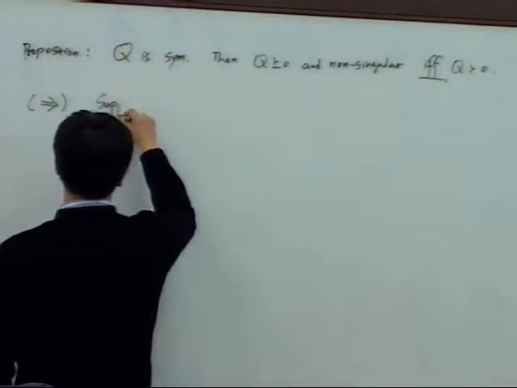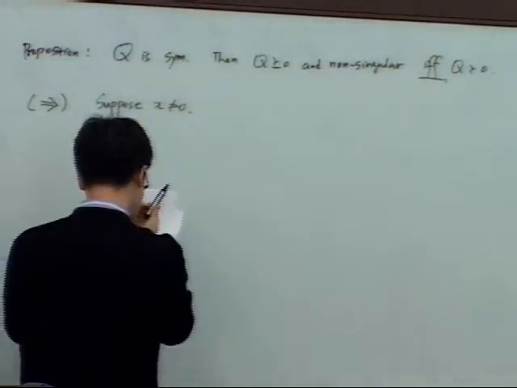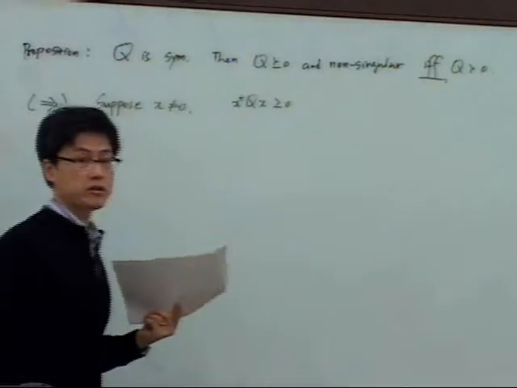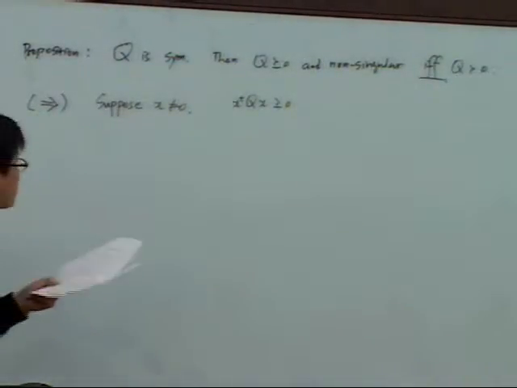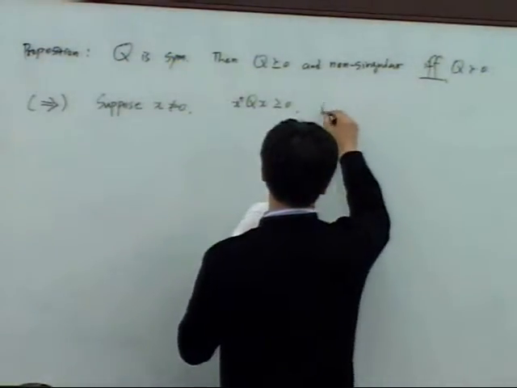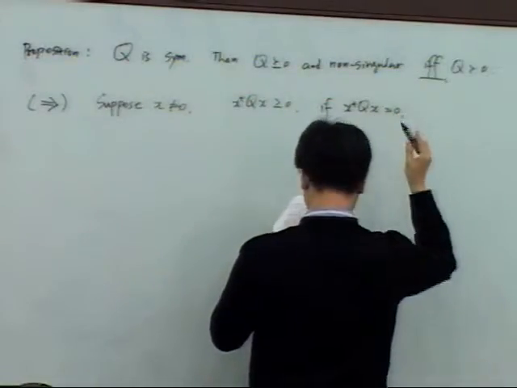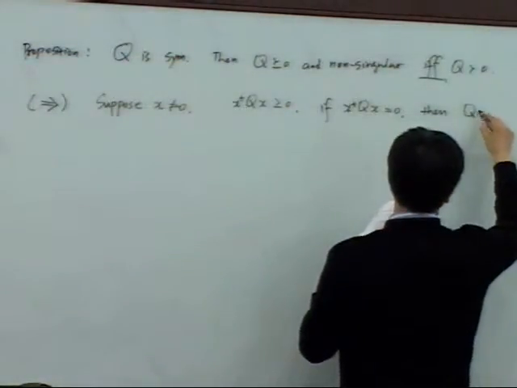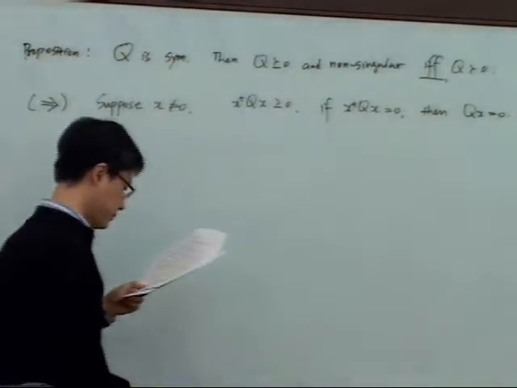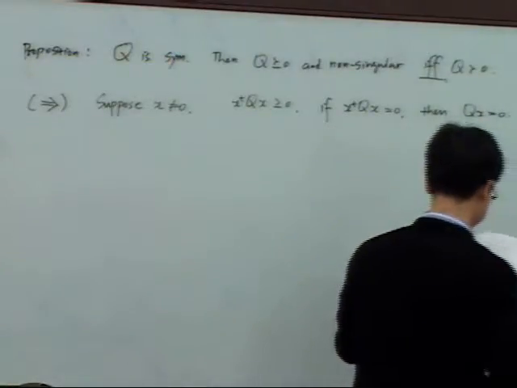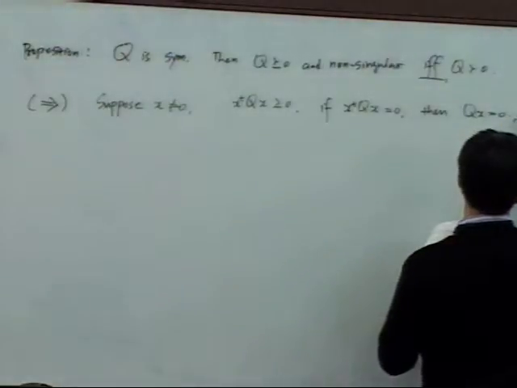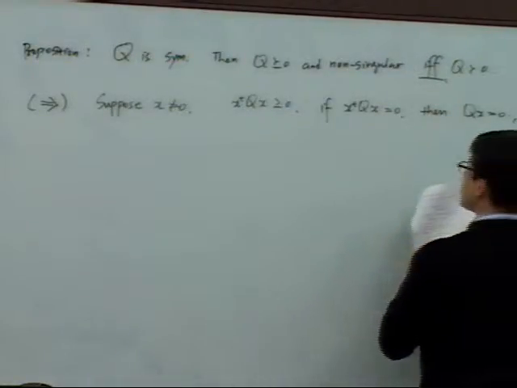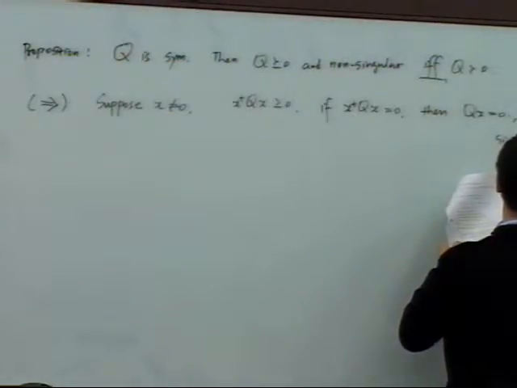Okay, suppose x is non-zero. Then x transpose Qx is greater than or equal to 0 because Q is positive semi-definite. And also, if x transpose Qx is equal to 0, then from the proposition we just proved, Qx is 0, which is a contradiction since Q is non-singular.